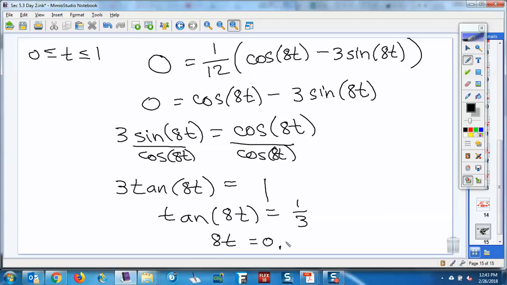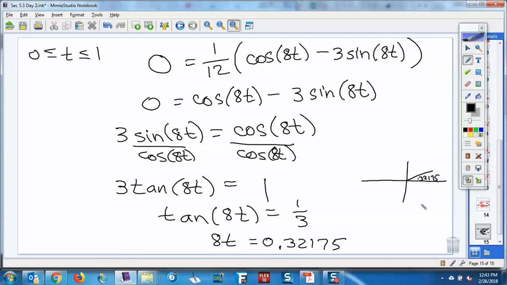Give me about 5 decimal places on that. Now, there are other times potentially when tangent could be 1/3, but this is the first one.